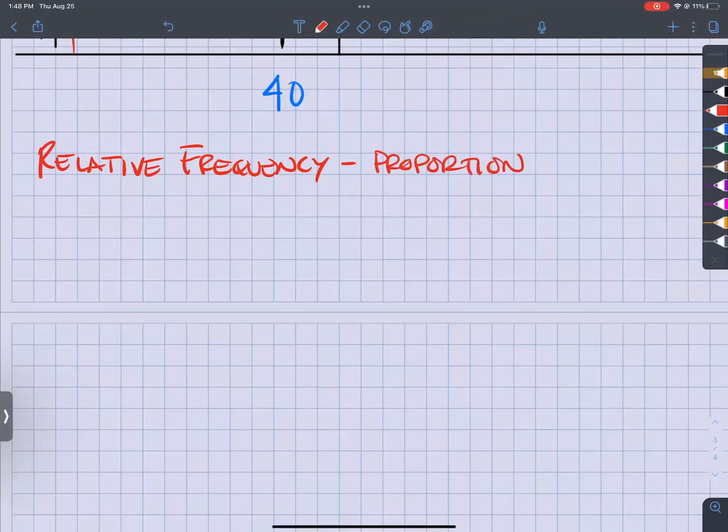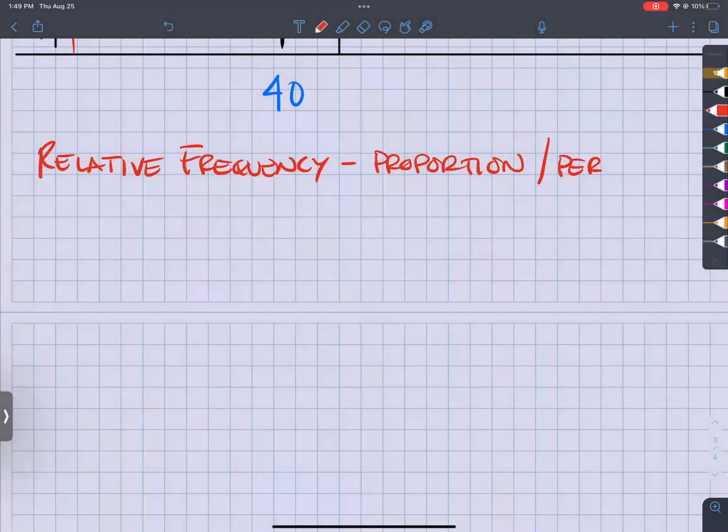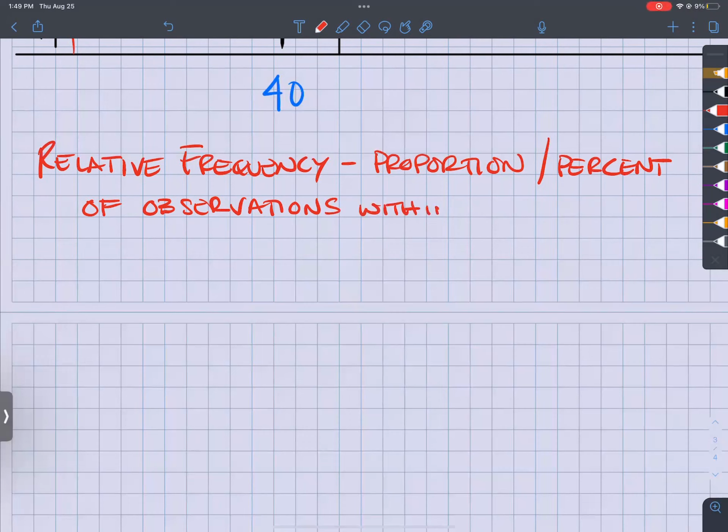The proportion, or percent, of observations within a category.